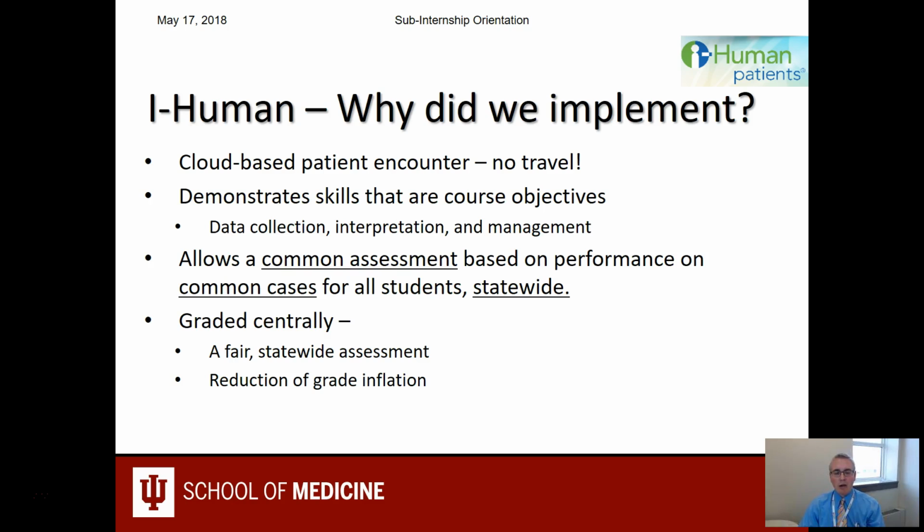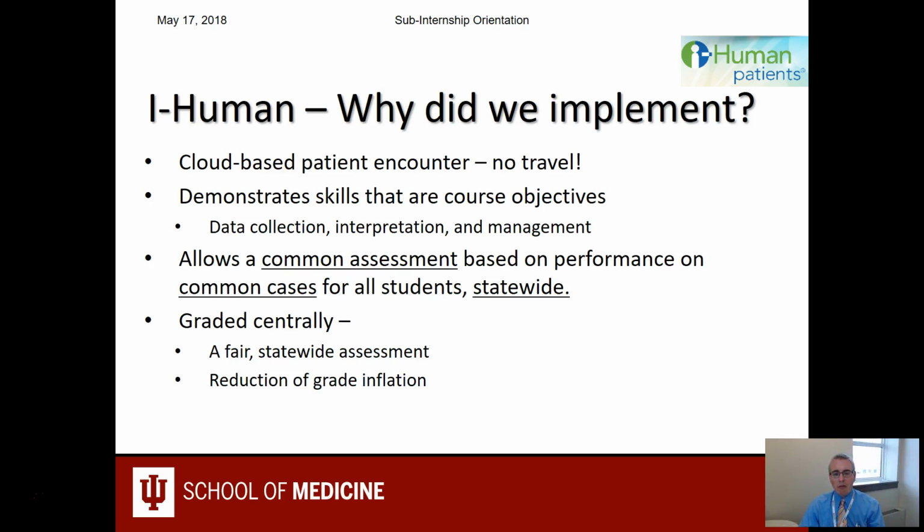So the iHuman cloud-based patient encounter assessment became an obvious answer to our need for a common assessment. This would require no travel since it's cloud-based. It would allow us to see your skills that we have listed as course objectives, such as data collection, interpretation, and management, the RHYME framework.